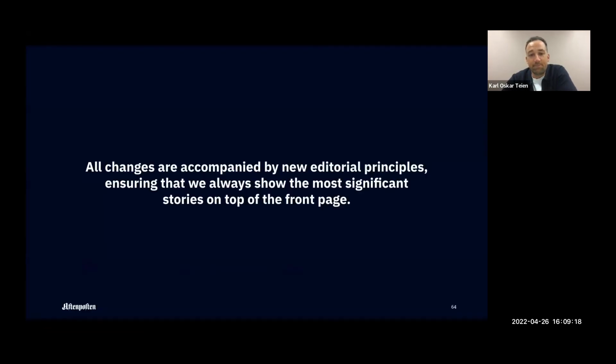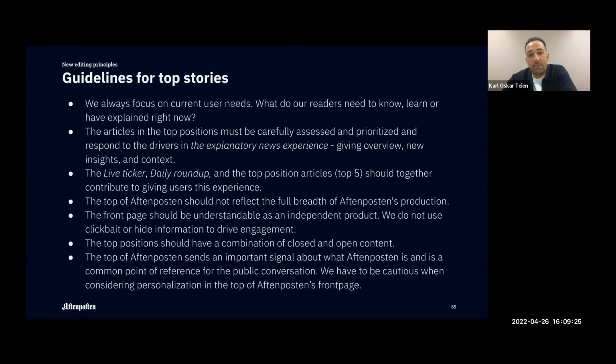So we also introduced new editorial principles. I mentioned that already, but they make a big difference as well. These are just some of them. I'm not going to go through all of them in detail, but it makes a big difference that we have clear principles for what should be shown and what should be included.